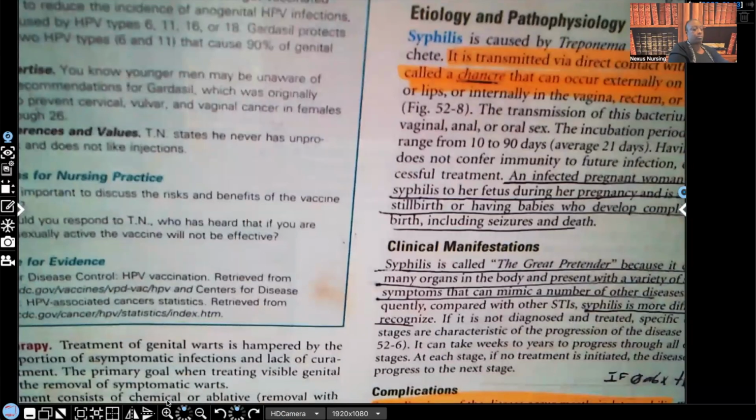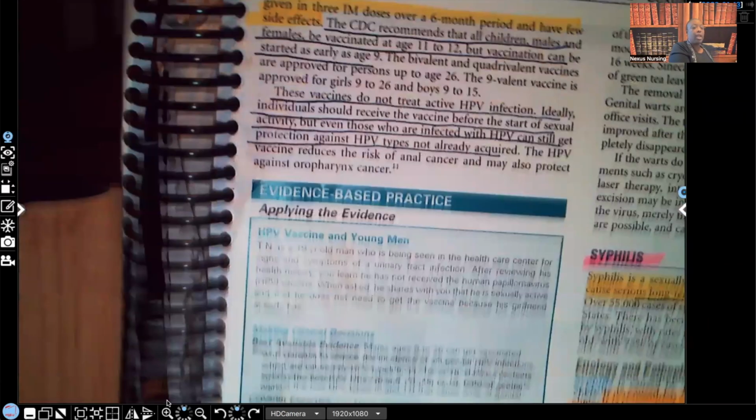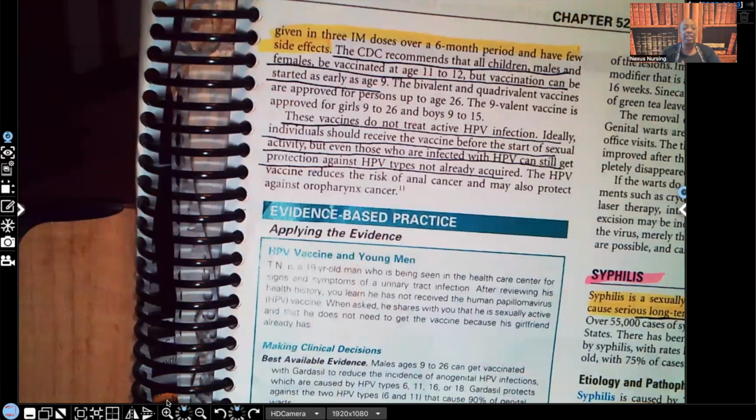Now, the vaccines are given in 3 IM doses over a 6-month period, and they have few side effects.